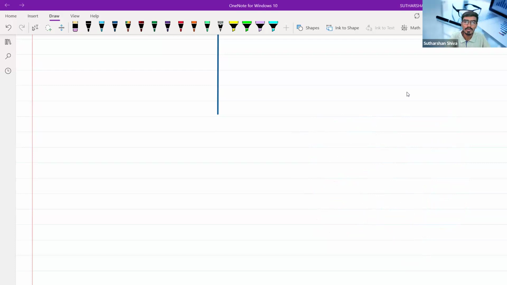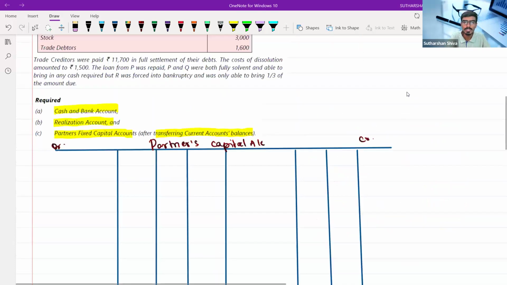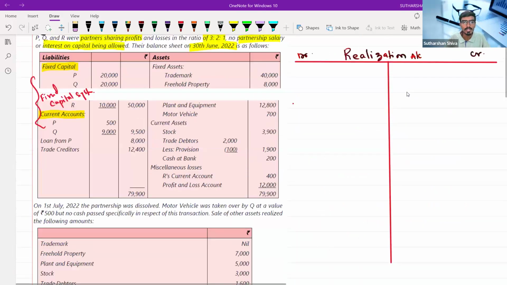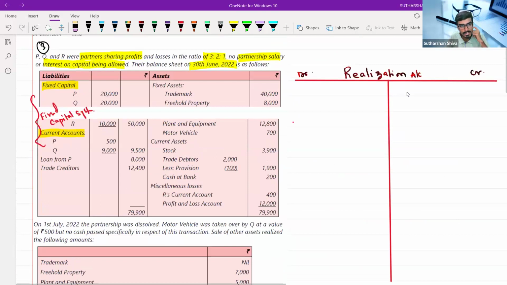Now, coming to the question solving point of view. The first step is dismantling the balance sheet. So we are going to dismantle the balance sheet. First, all the asset balances will be recorded on the debit side of the realization account. So we will write down: to trademarks.